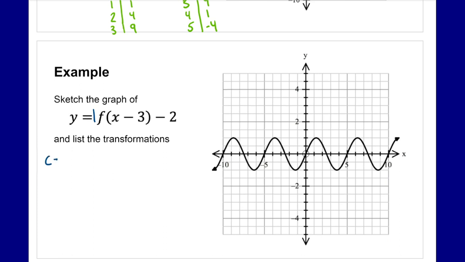We see a c value of +3, which means it shifts right 3, and a d value of -2, so it shifts down 2. So if we're just going to focus on transforming it by drawing it, we want to find some key points.